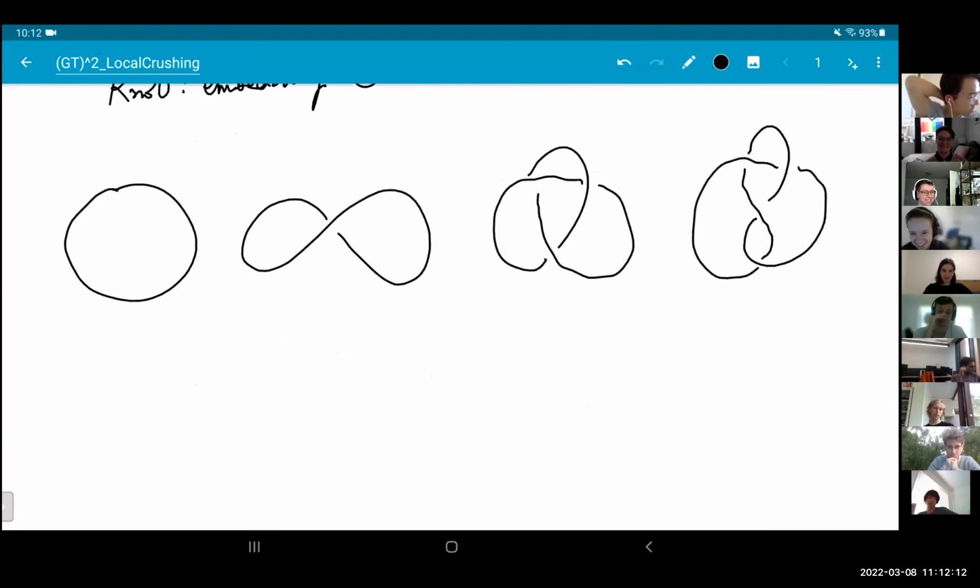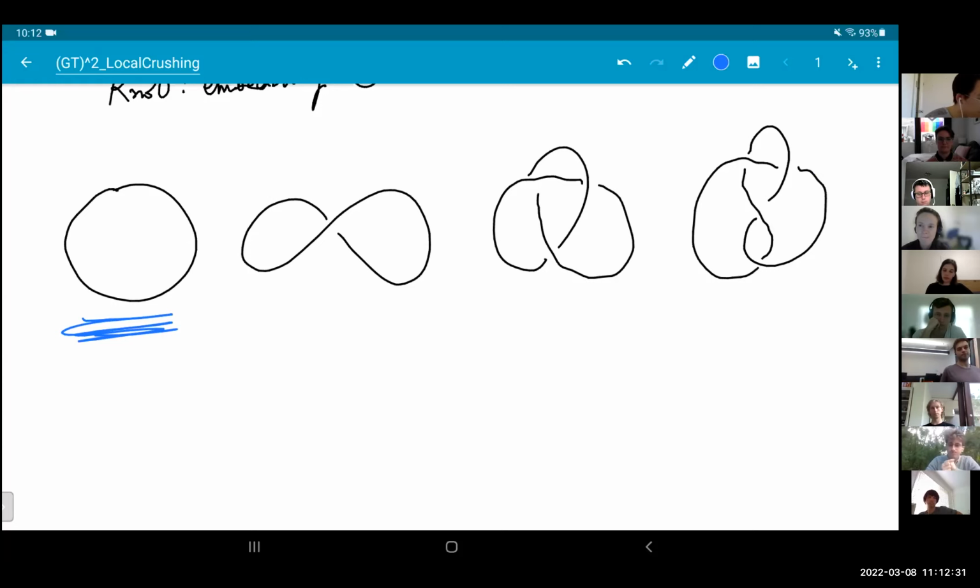One very natural thing to ask is, if I give you some knot, can I untangle it? What I mean by untangle is, can I move the knot around in space and turn it into this boring example?